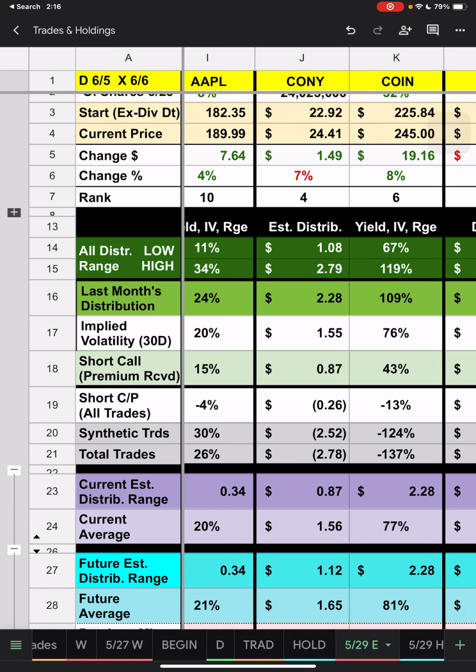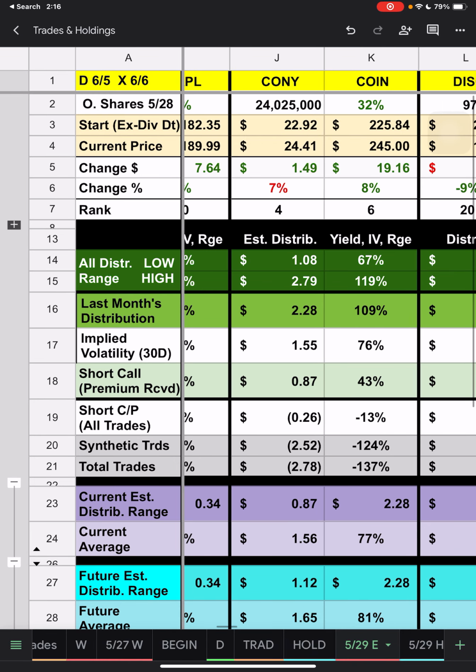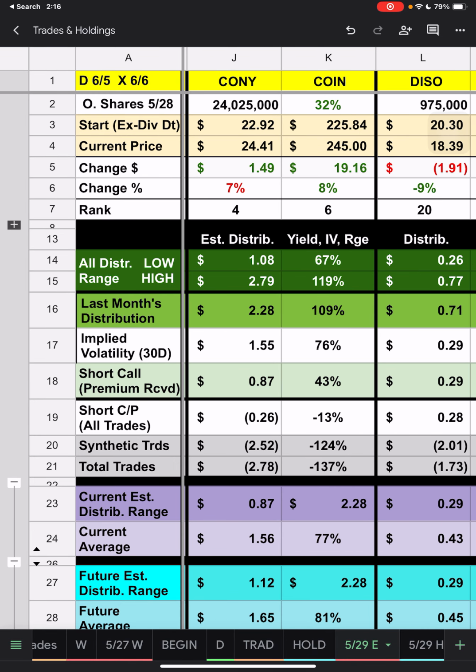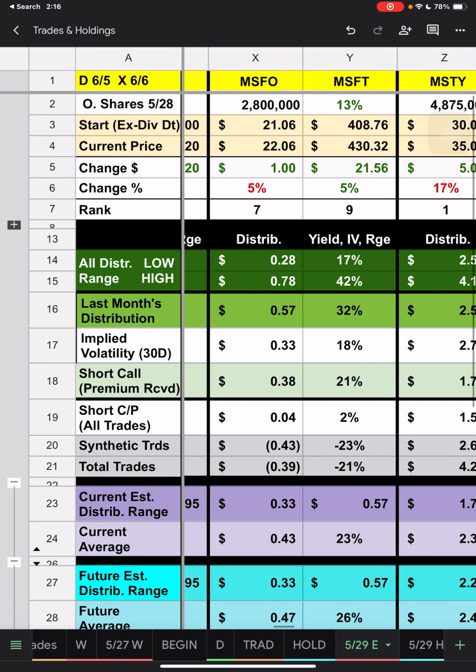All right, so I had to pull the IV from another sheet, which then gives us a range of $1.12 to $2.28. And then let me look at what we had for Coney. We had $1.25 to $2.28 yesterday, with the same average of 1.65.